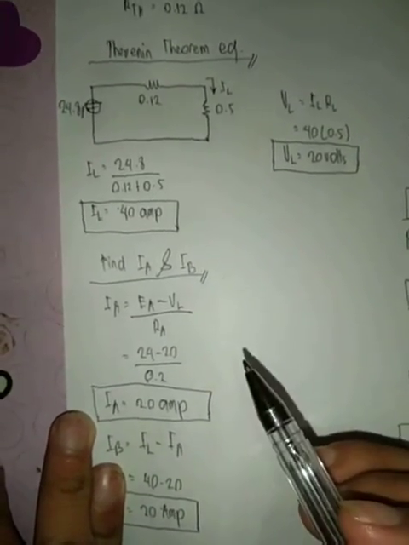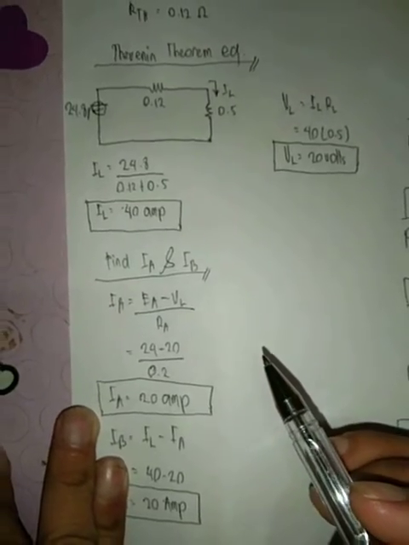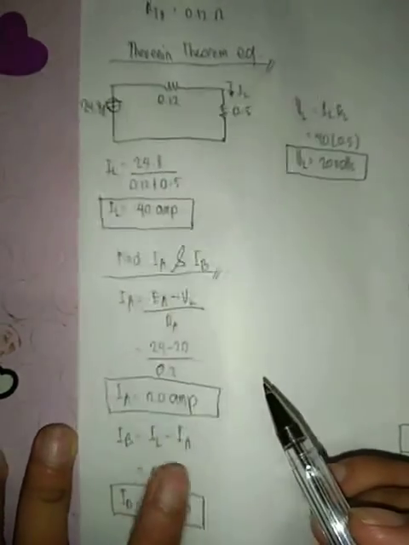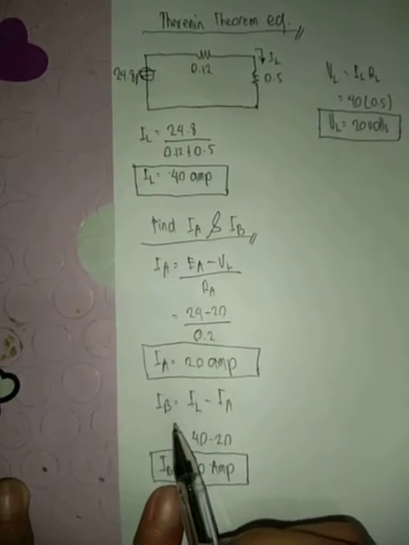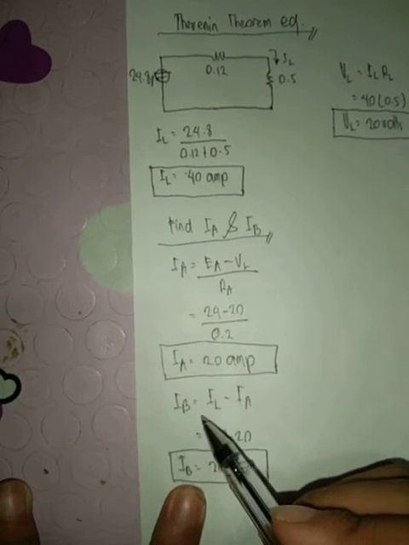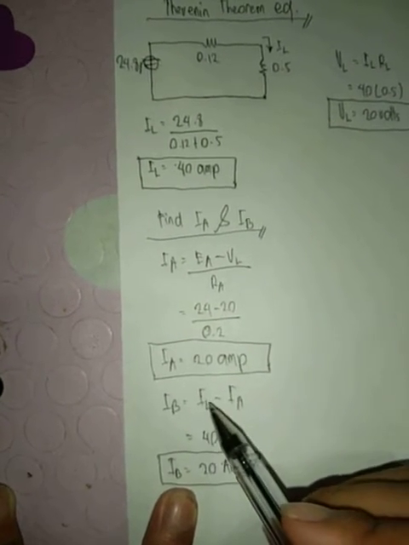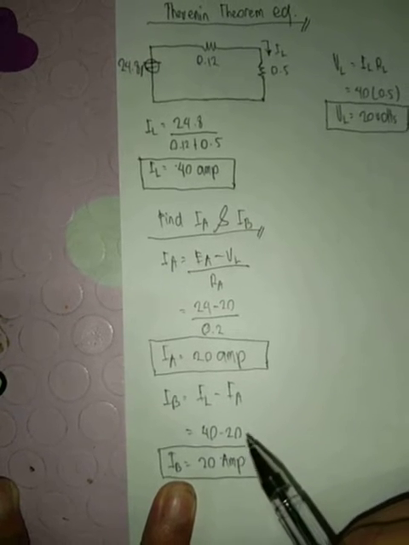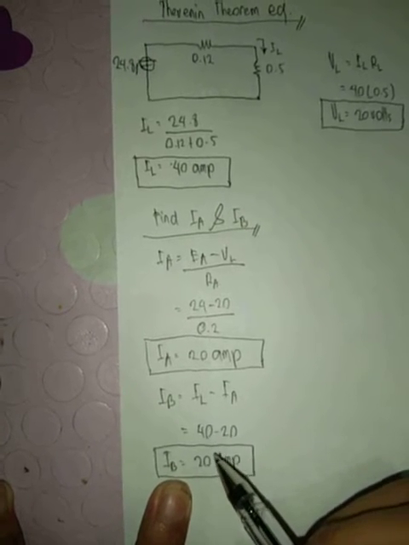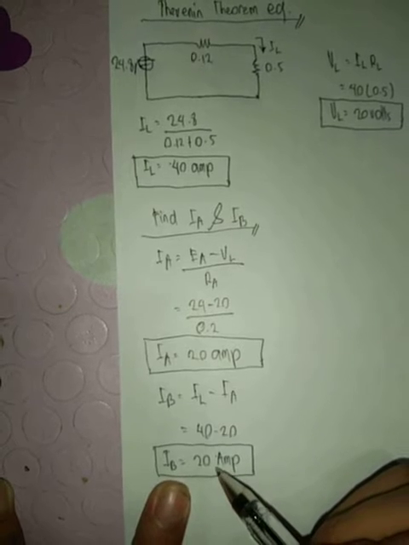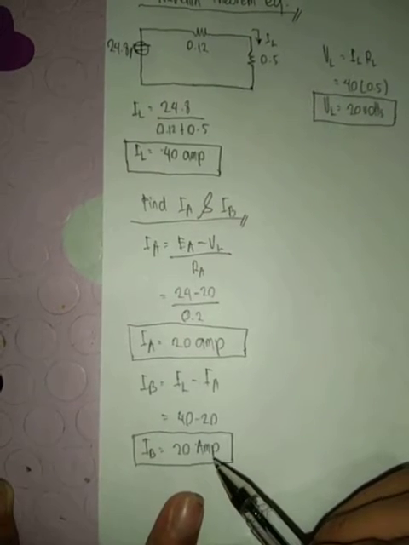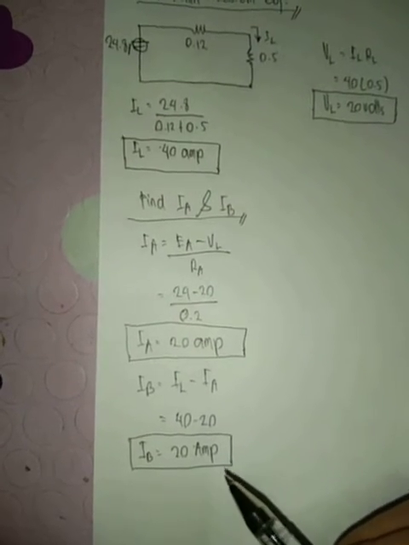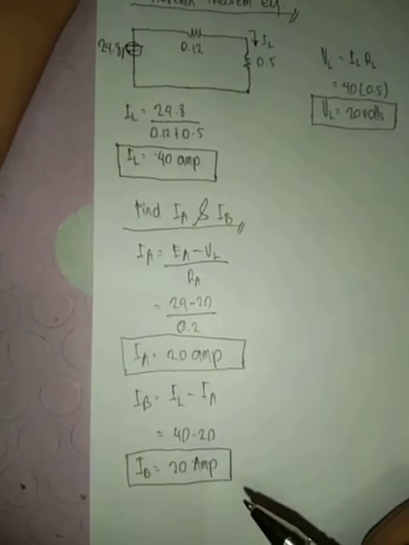So 24 minus 20 divided by 0.2, so IA equals 20 amps. To get IB, the formula equals IL minus IA. IL is 40 and IA is 20. So 40 minus 20 equals 20 amps. So IB is 20 amps.